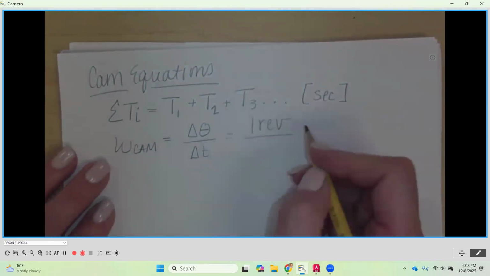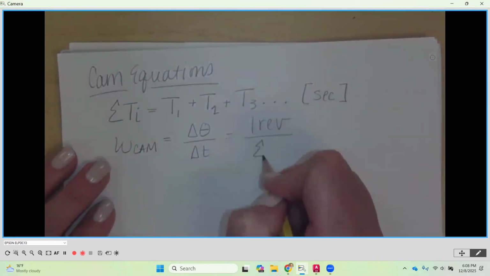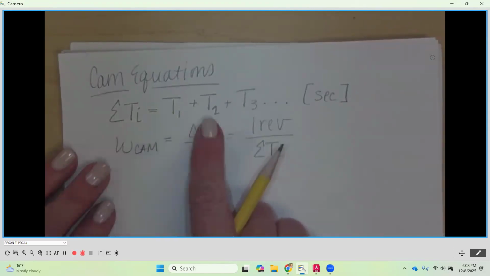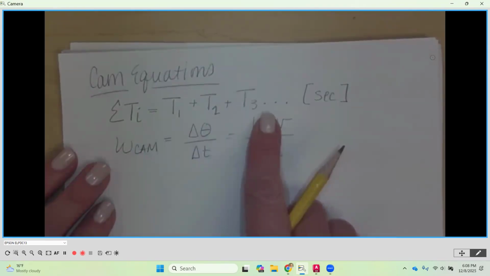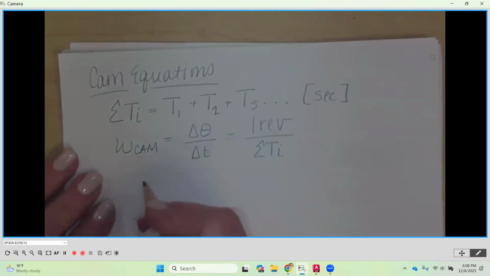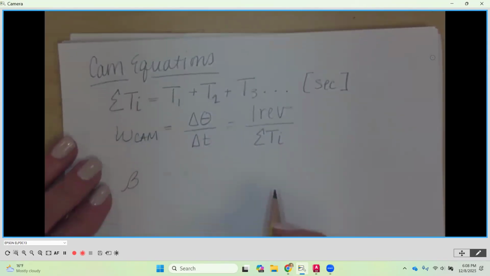So we want to take a revolution per the total time for one revolution or cycle, okay? So again, total time to do the full prescribed motion, by adding those all up, that's one revolution of our cam, okay?